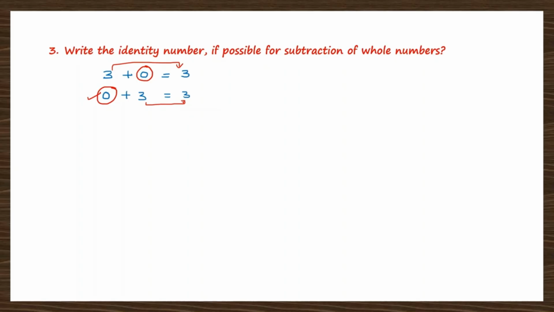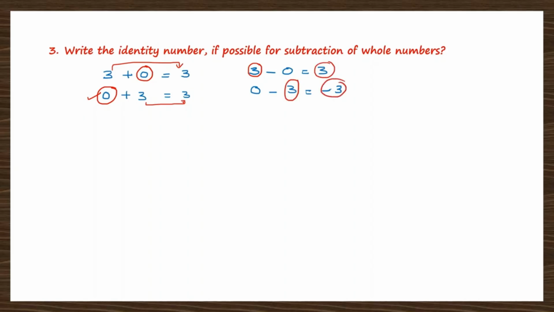Now let's see the same thing for subtraction. Now suppose I say 3 minus 0, I get 3. Now suppose I say 0 minus 3, I get minus 3 and not 3. So here can you see the number has changed. This 3, when I say 3 minus 0, has remained the same, but this 3 has now become minus 3.